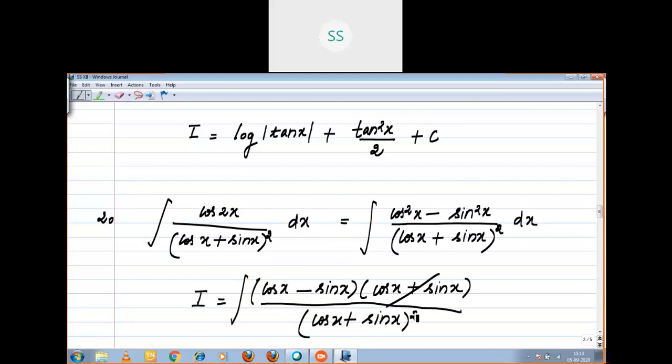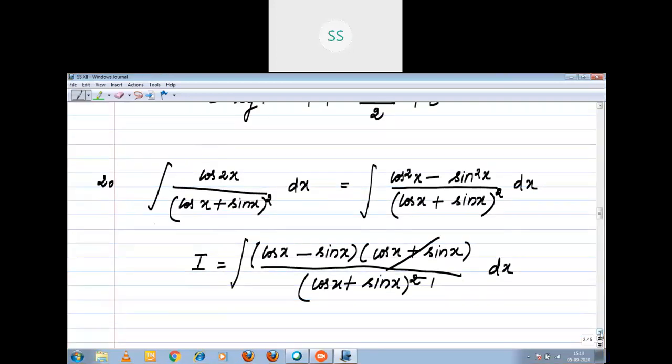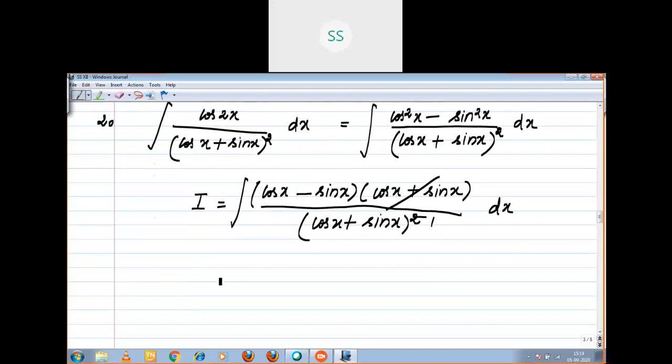Ritik, you have to listen carefully, child. Now one term has vanished into dx. Now what is your result? I equals integral cos x minus sin x divided by cos x plus sin x.